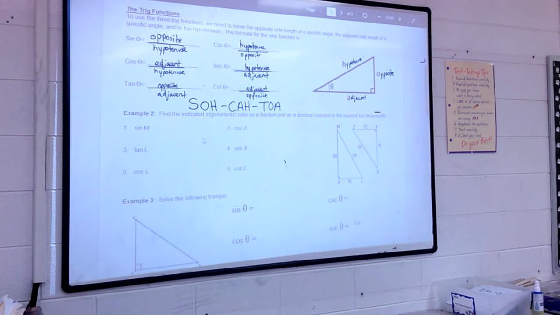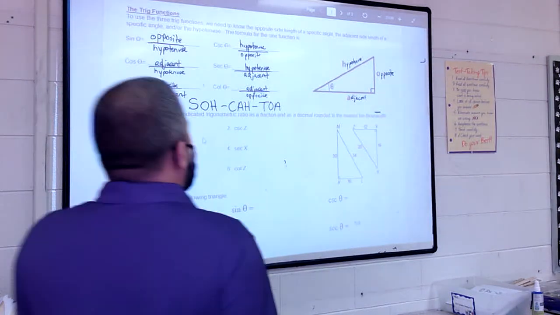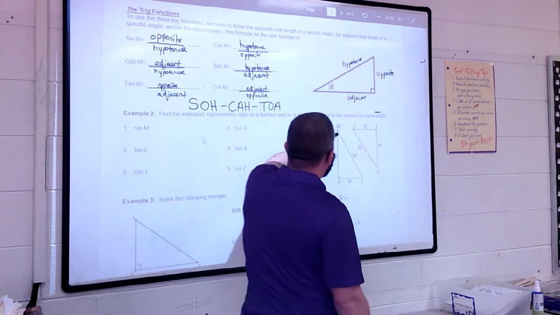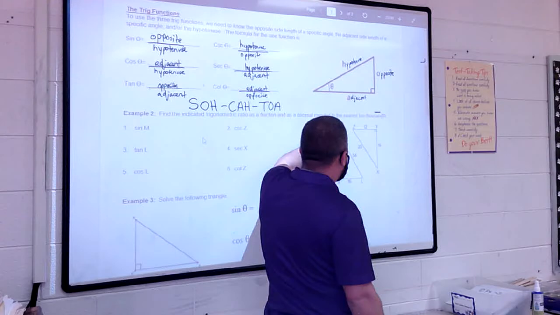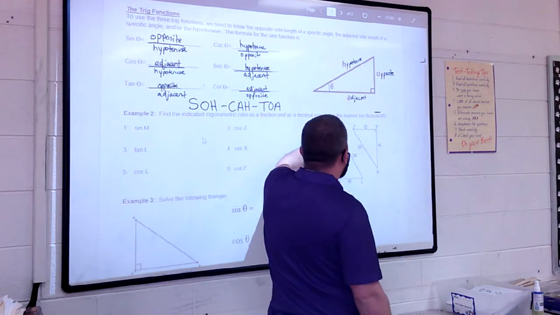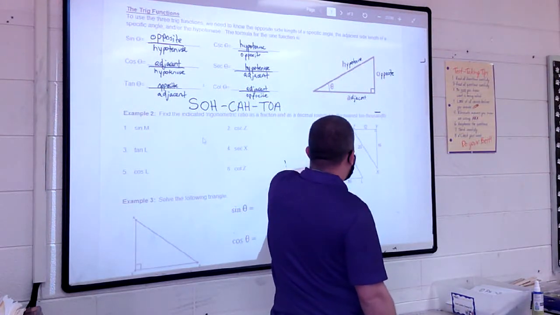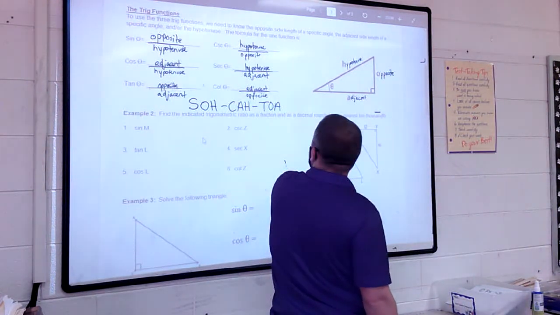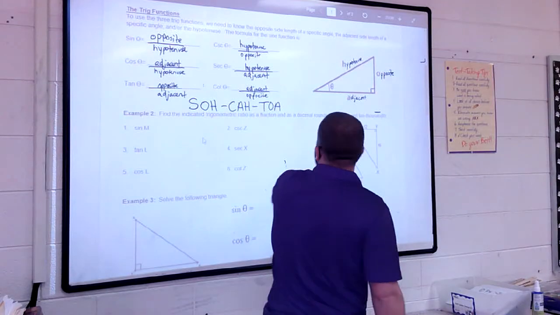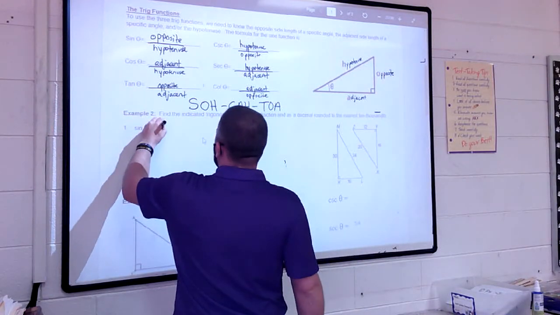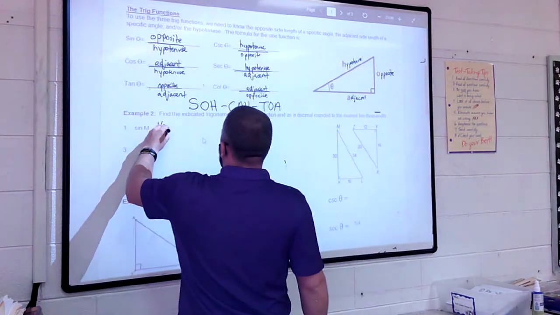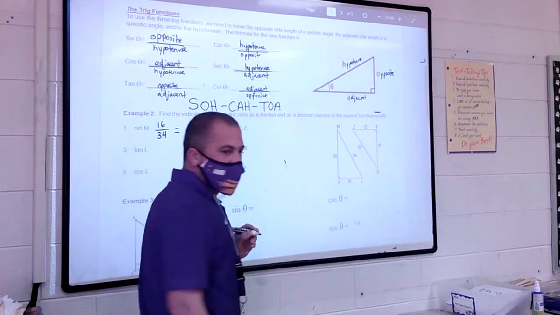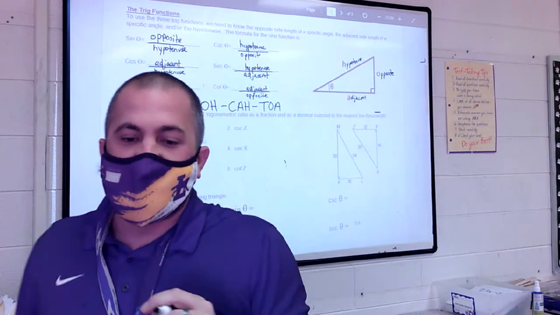So sine of m. Sine is what? What's the fraction? It's going to be opposite, so 16 over hypotenuse, 34. So 16 over 34, and then we want to write what that is as a decimal.